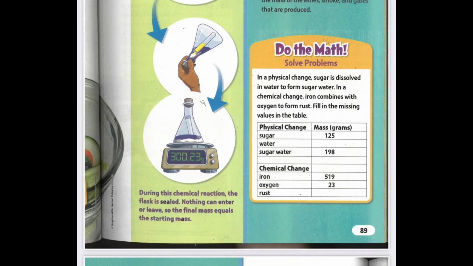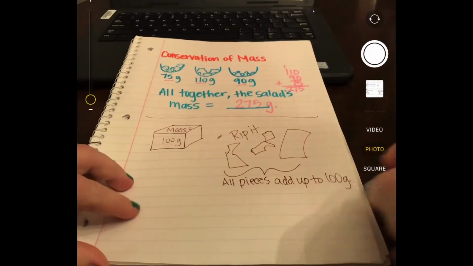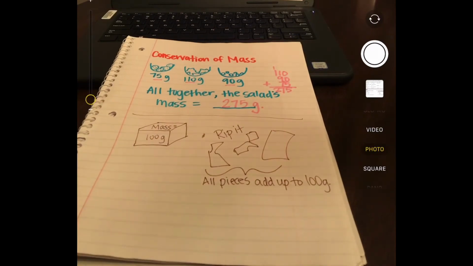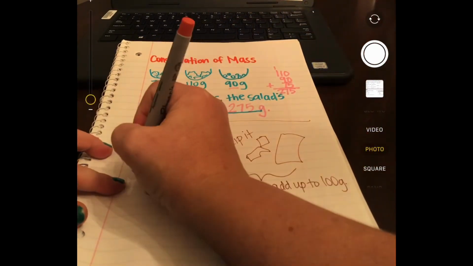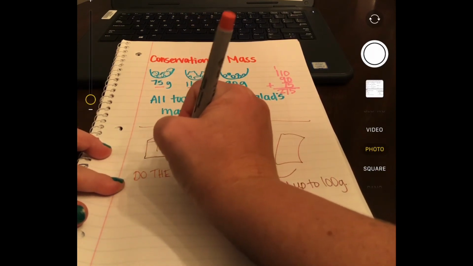Now to do the math chart, we are actually going to do that together in our notebook. So let's go back to our notebook. And right where we were, I think I have some space right here for my Do the Math. So we are going to go ahead and copy this chart down. Title it Do the Math.